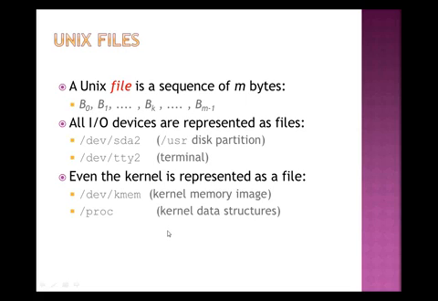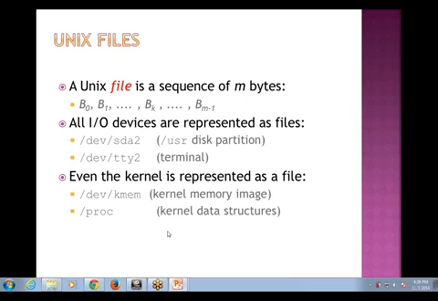Why is this a very important part? Because the kernel is represented as a file. Every part of Unix is represented as a file, whether it may be input output devices, the kernel, a folder, or a sub file.